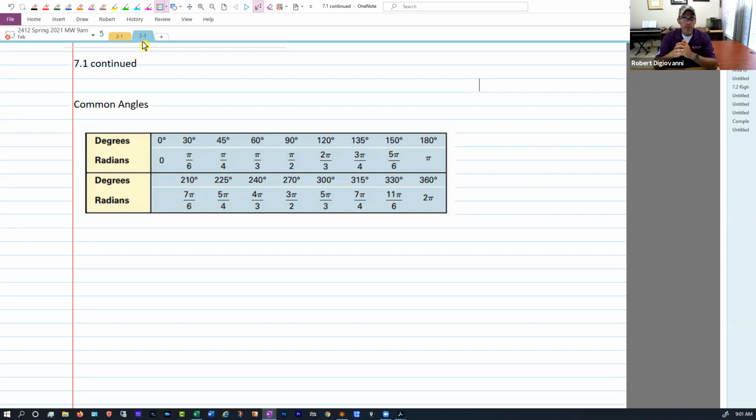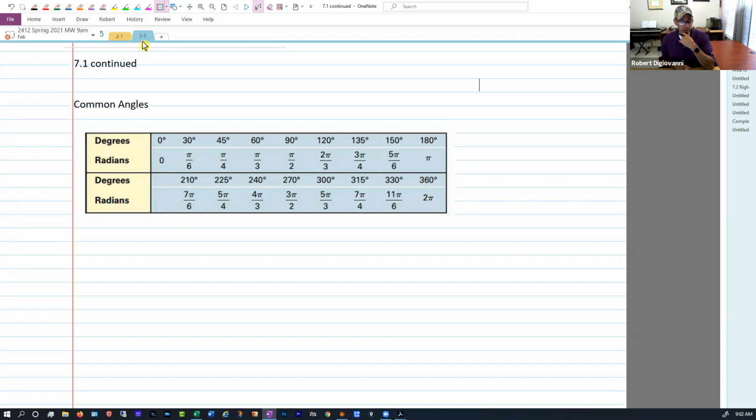But I need everyone to really pay attention to radians, because as you move on in calculus, it's almost exclusively radians that we use. So even though there's a natural tendency to just convert radians to degrees, we really want to become comfortable with the common radian angles.